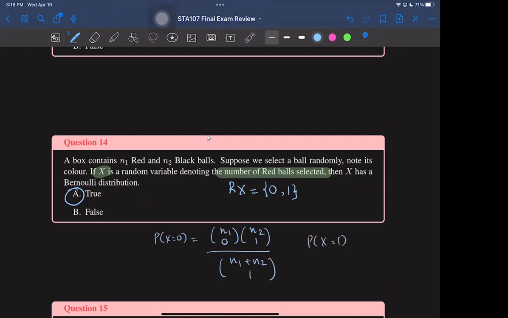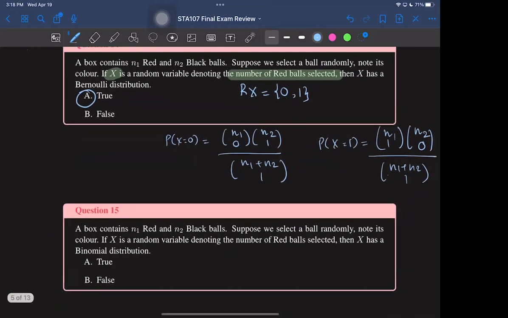Similarly, the probability of X equals 1 can be thought of as from N1 red balls, I pick 1 ball, and from N2 black balls, I pick 0 balls. So yes, it actually makes sense to treat this as hypergeometric distribution as well. That's interesting. I didn't think about that when I wrote this question.